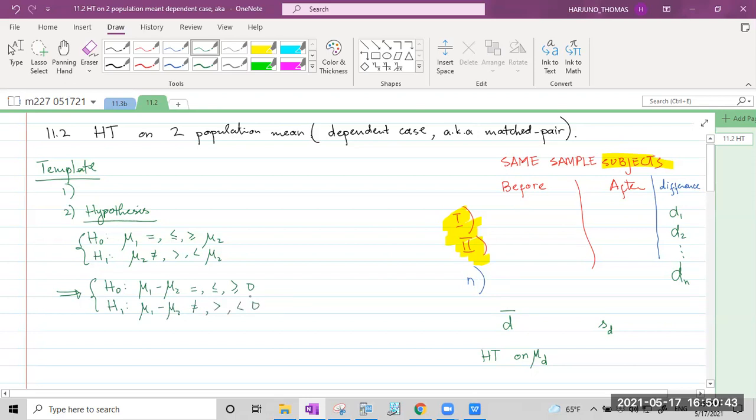So you see that so far it's the same as in the independent case. But we need to go on further because this is a matched pair. Instead of mu1 and mu2, we will actually observe mu of the difference, the average of the differences.